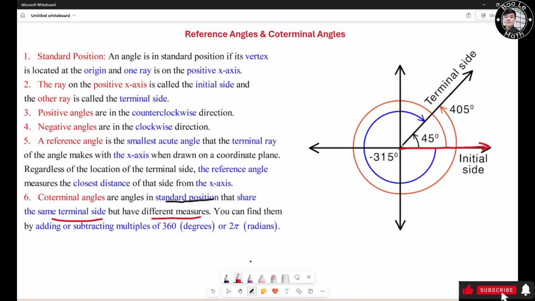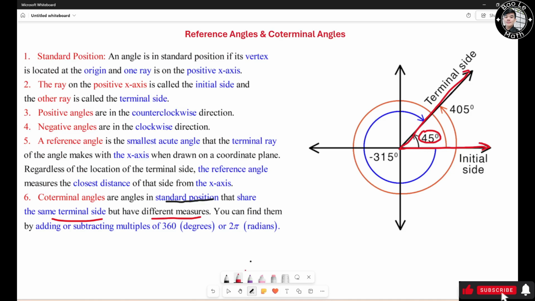So this one is the given angle, which is 45 degrees. The blue one is a coterminal angle with the 45 degrees right here, and the orange one is also a coterminal angle with the 45 degrees.